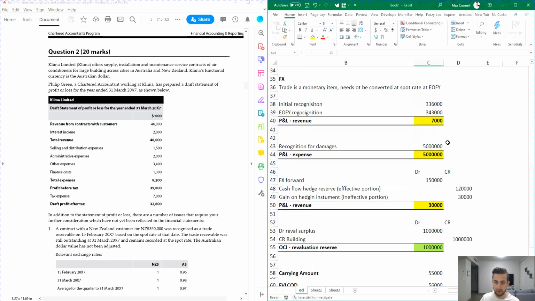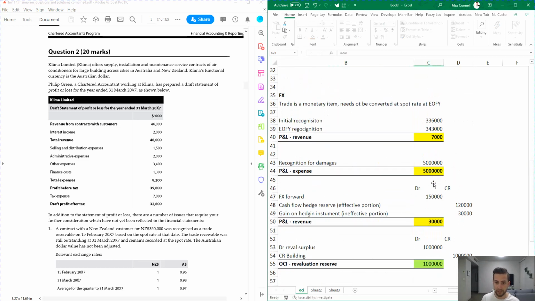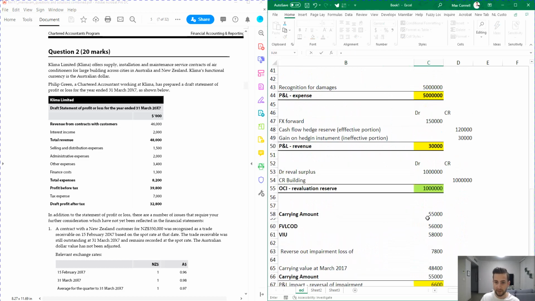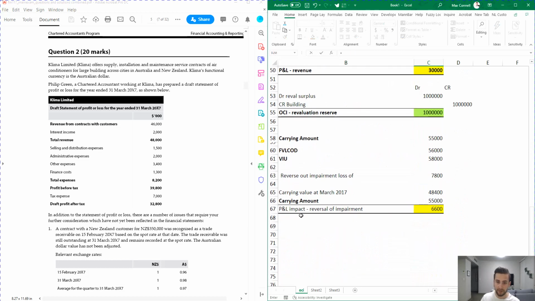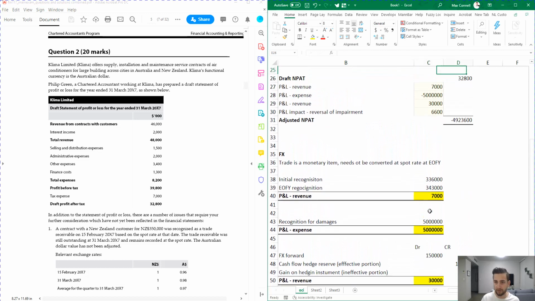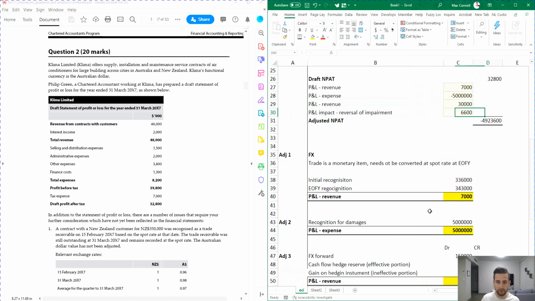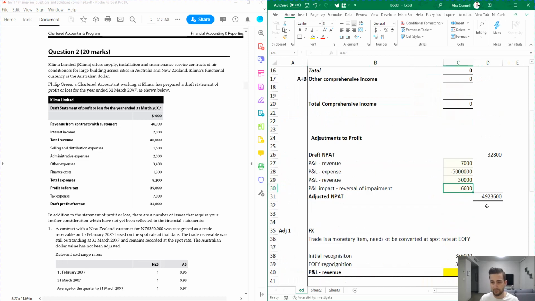And then this is going to be a gain, so it's going to hit our revenue on the hedging change, the ineffective portion of that. And then finally, the reversal of the impairment is going to be revenue. It's going to be debit impairment reversal, credit revenue. So there we have it, 32,800.